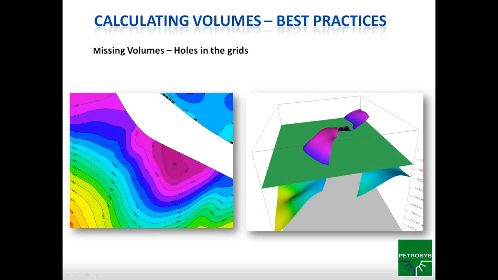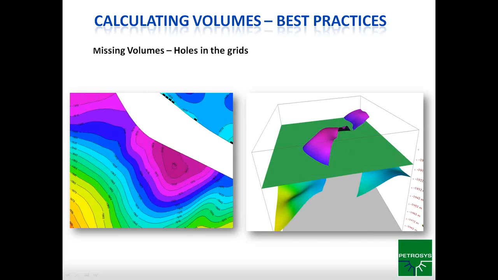Another big problem that we see quite a lot is grids with holes. If you have grids that, when they display on their 2D map, show blank areas, for instance, this is a very common user error. The user has created a structural map, and has blanked the z-values inside of the fault polygons.